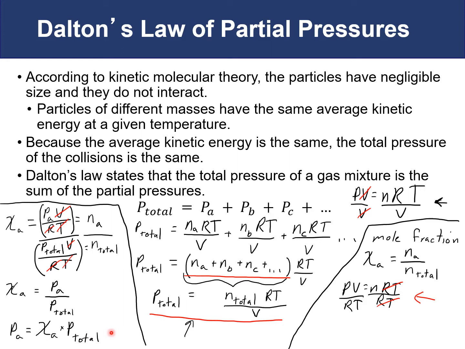If we multiply that by our total pressure, we can find our partial pressure. And this concept, Dalton's equation for partial pressure, is something we can use to do useful stuff later. So this equation here is the useful one that we will be using later to solve a bunch of stuff.